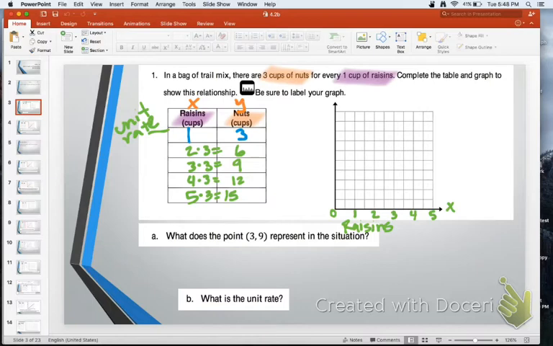Now I'm going to do my Y column. My Y is the new one for you, and that is our up and down, and it tells me that our Y is going to be nuts. And I need to write down that it's in cups. I forgot to do that on the raisins. Let me do that right now.